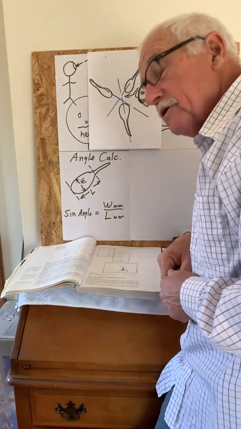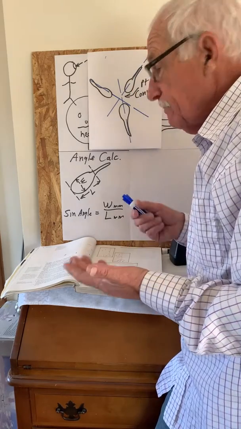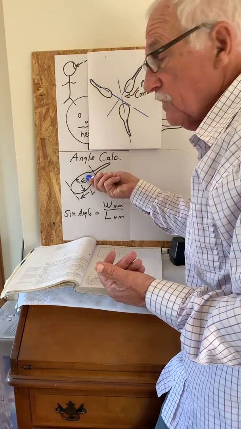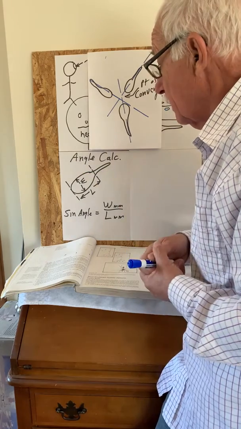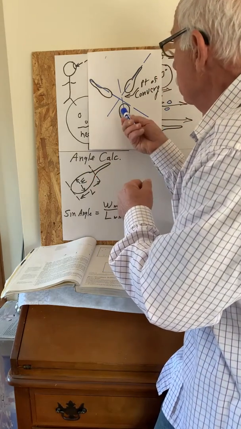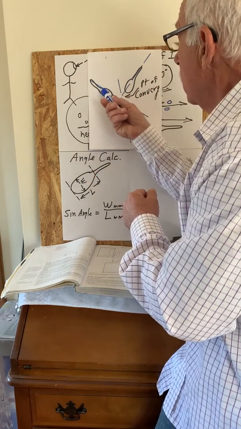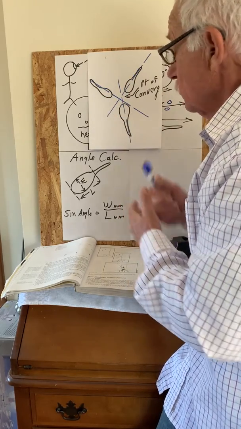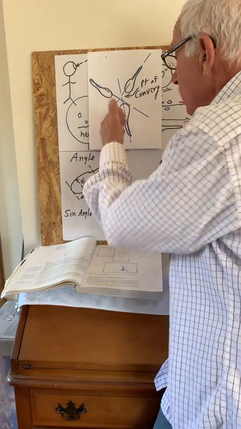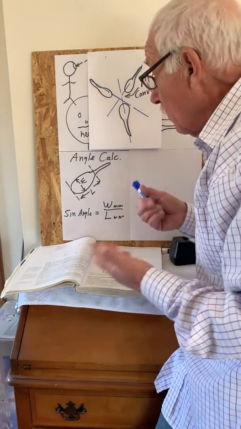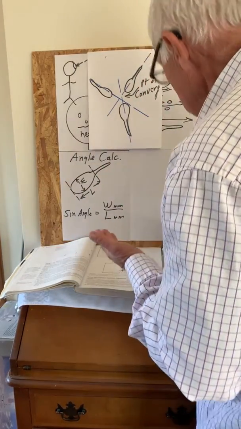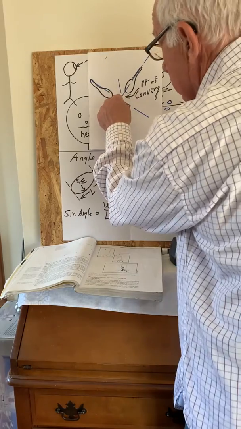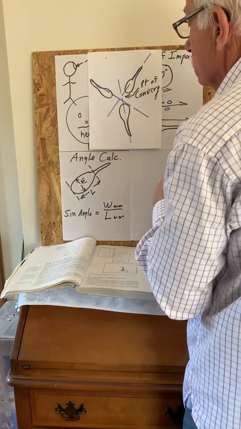How do you put in a 3rd dimension? Well, right by using this technique. Once you do W divided by L on all of the blood spatter points that you have, you'll have an angle of impact. So now all you need to do is, you know that this is the point of convergence, okay?